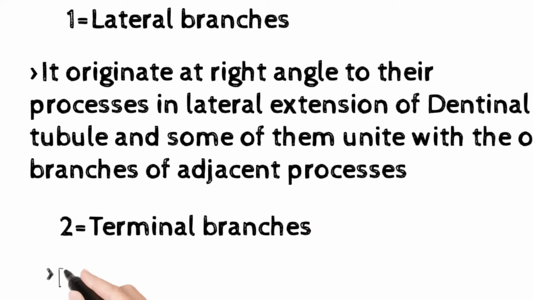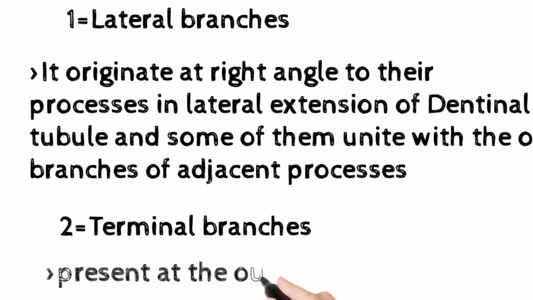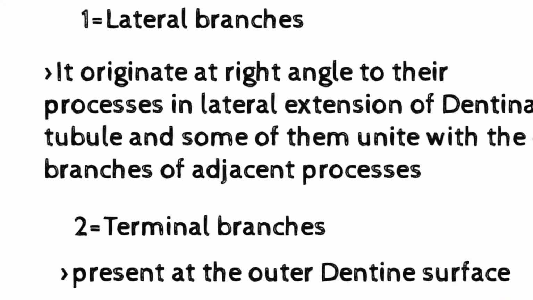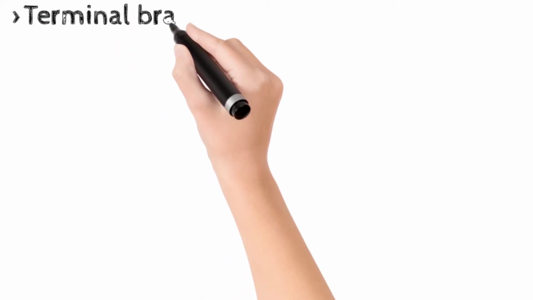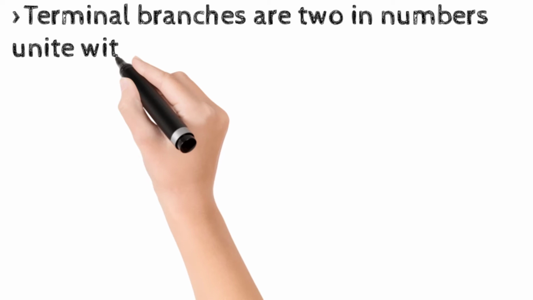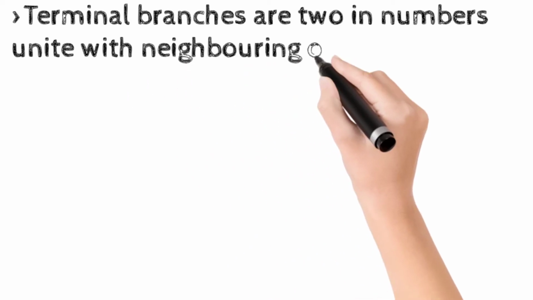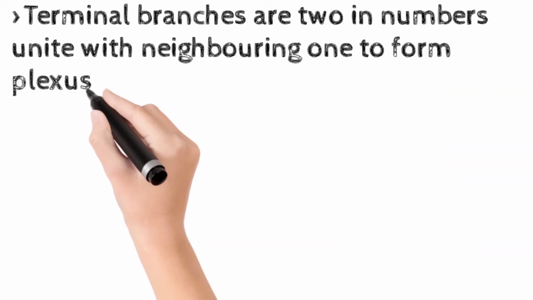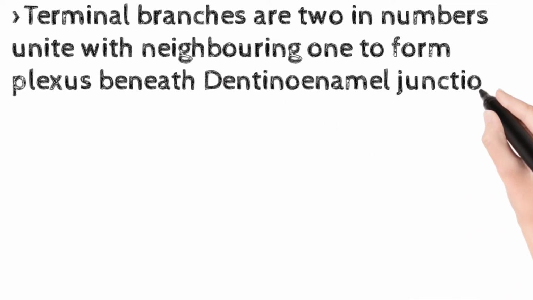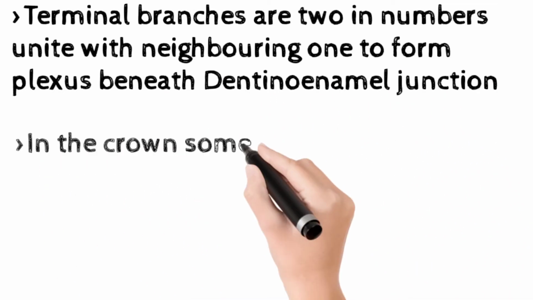Now terminal branches, these are present at the outer surface of dentin. Now the terminal branches are two in numbers. They unite with the neighboring one to form plexus beneath dentino-enamel junction.